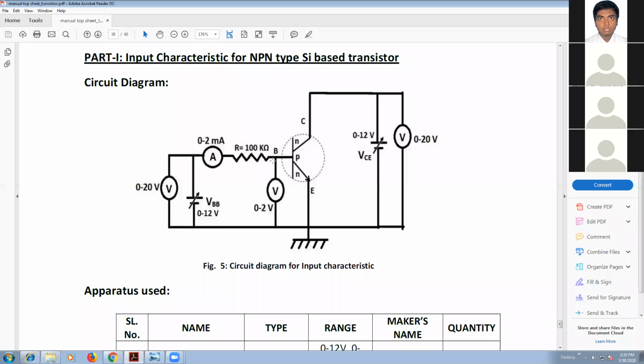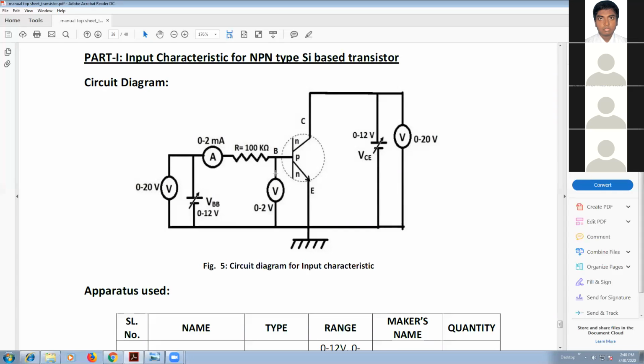Then we have to keep VCE, that is the collector emitter voltage, constant at first at 3 volt. Then we have to vary the voltage VBB, this power supply, by which we can vary the VBE.